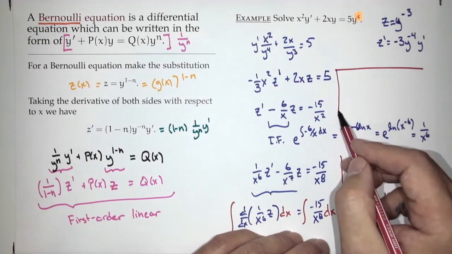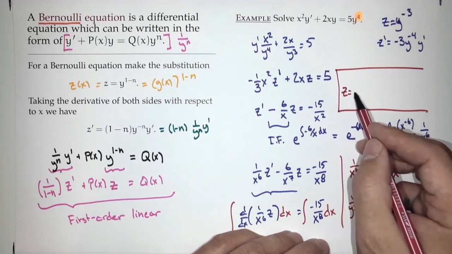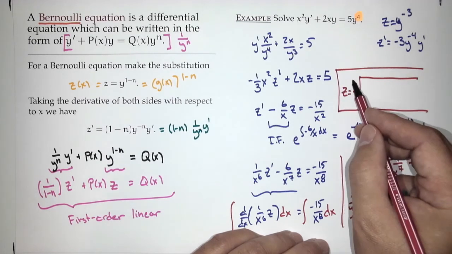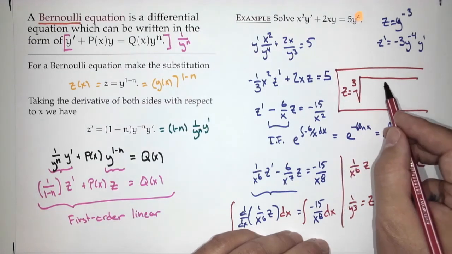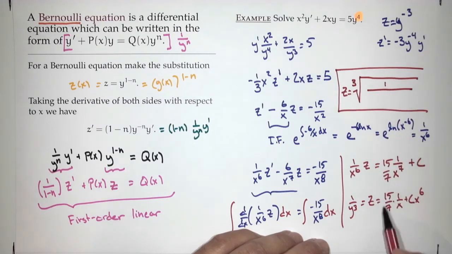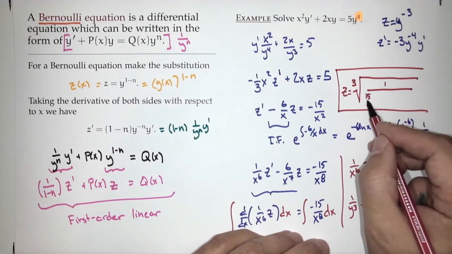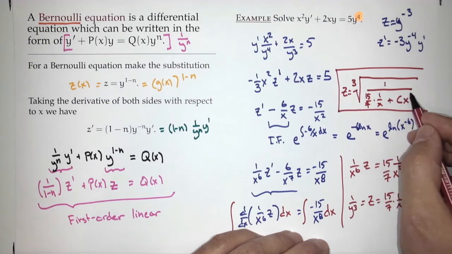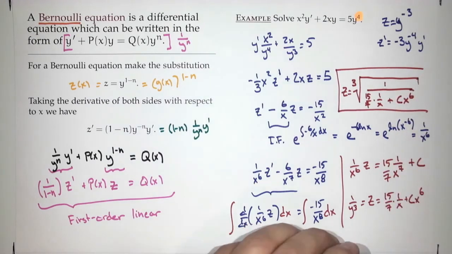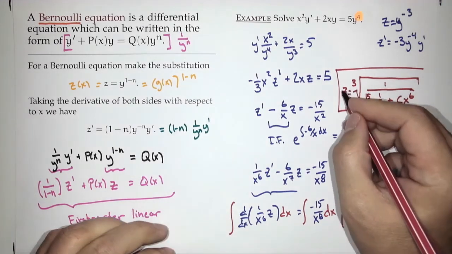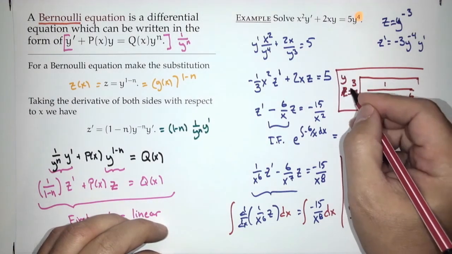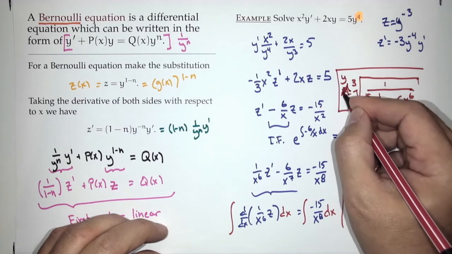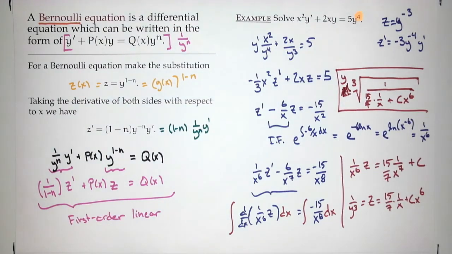So our final answer is y equals the cube root, and then we flip it: 1 over this stuff, 15 sevenths times 1 over x plus some constant c, times x to the 6. Boom! Just like what we would have thought, right? Yeah. Probably not. Oh yeah, this should be y. But yeah, boom! Just like what we thought.